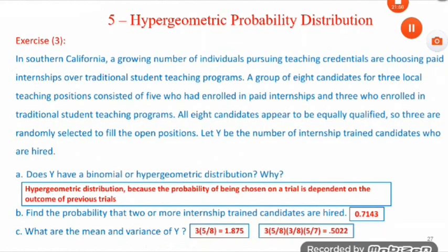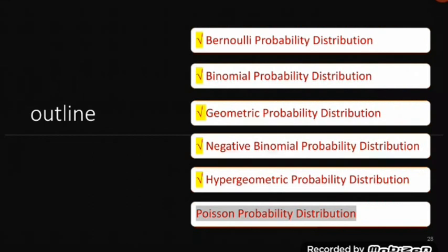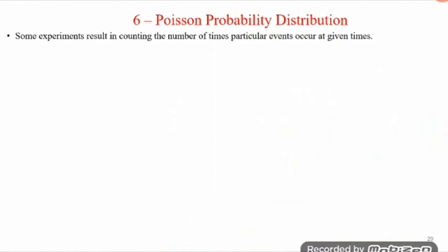Next is the Poisson probability distribution. This will be the final distribution that we discuss in this chapter. If we try to discuss the properties under this kind of distribution, we restrict it to experiments that result in counting the number of times a particular event occurs in a given time.